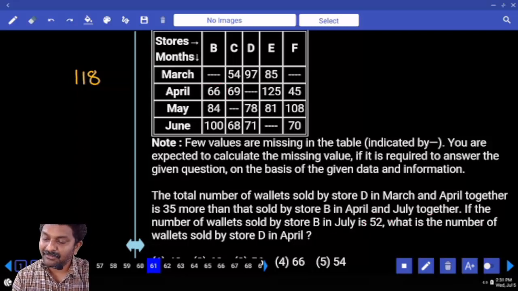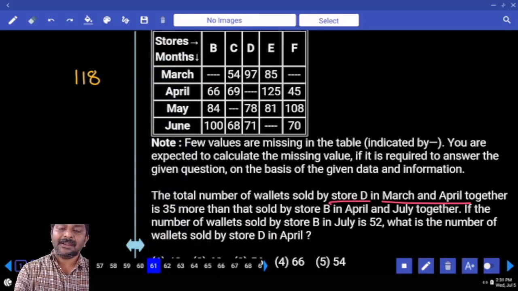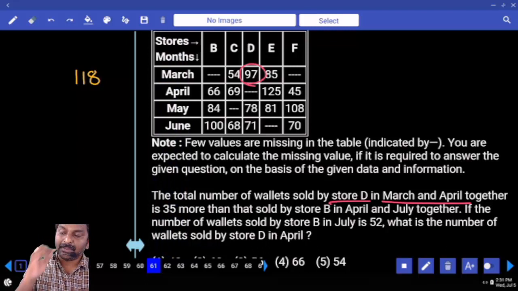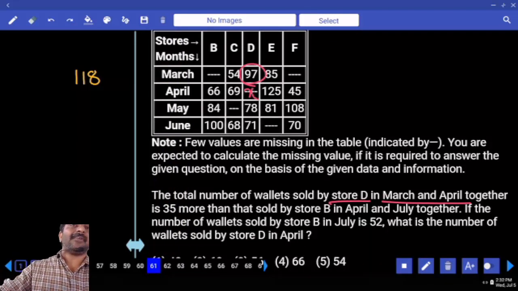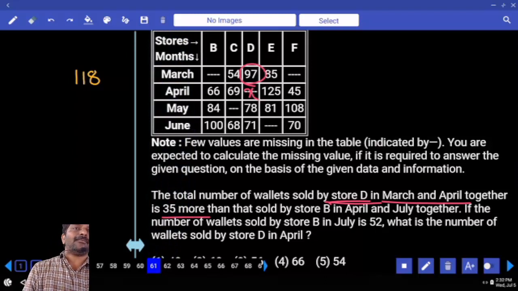Now that is compared with respect to D in March and April. D in March, how much you have? 97 and X, let us assume in April we have X. They said wallets sold in D is 35 more than B wallets.